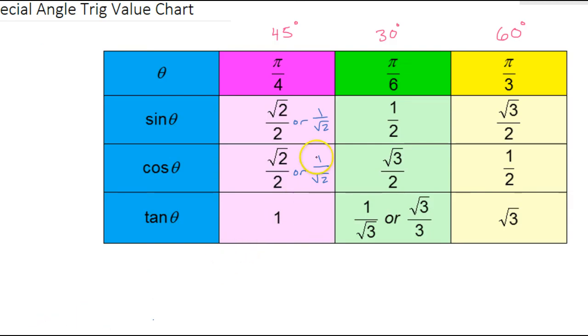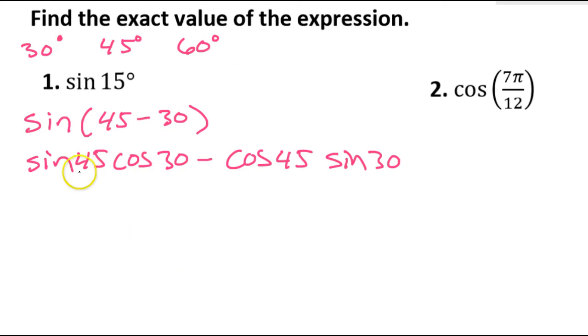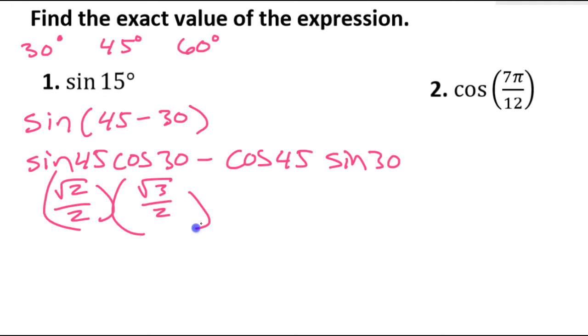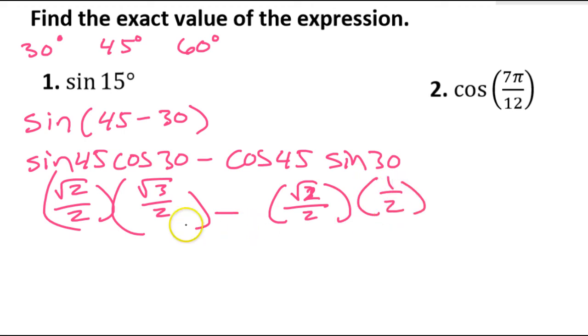Now throughout this video, I'm going to be assuming that you have memorized these trig values. So if you have not, please pause the video and memorize this chart right now. So for example, I know that the sine of 45 is radical 2 over 2, and the cosine of 30 is radical 3 over 2, and the cosine of 45 is also radical 2 over 2, and sine of 30 is 1/2.